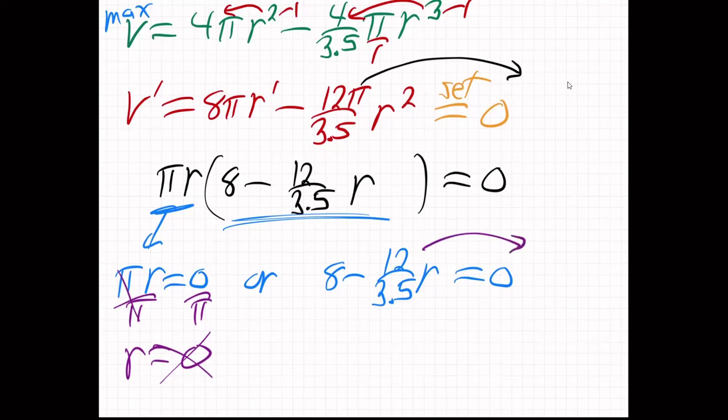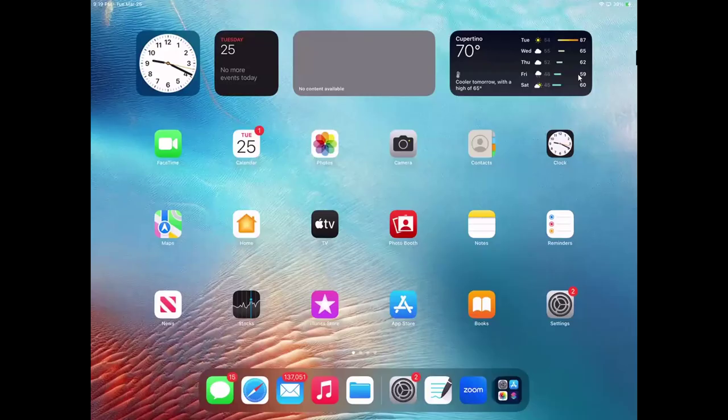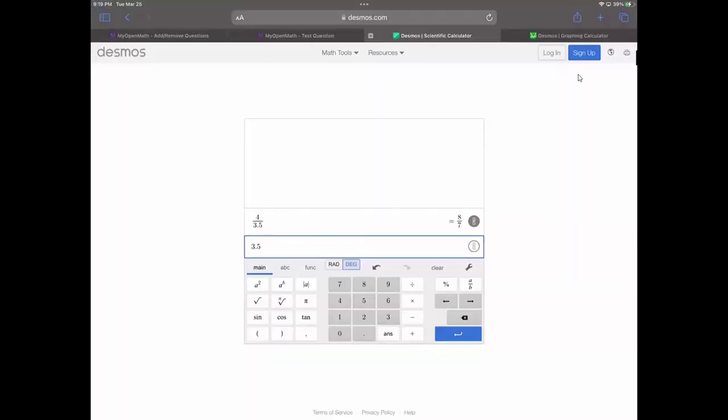So bump this to the other side, and we get 8 is positive 12 over 3.5 r, and then multiply by the reciprocal, the upside down, 3.5 over 12 on both sides, because that'll cancel out the 12s and the 3.5s, and we'll get r equals, and I'm just going to hit the buttons on my calculator. 3.5 over 12 times 8.